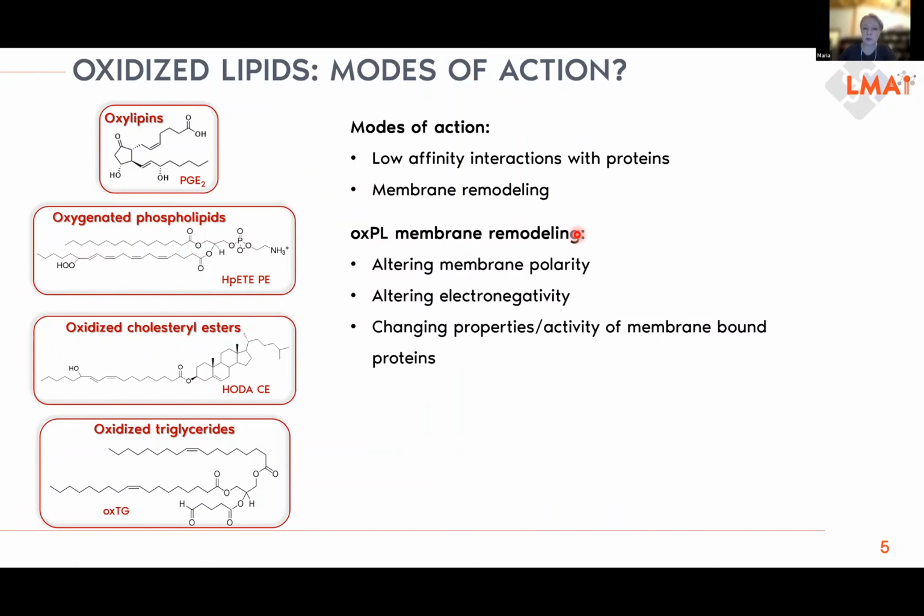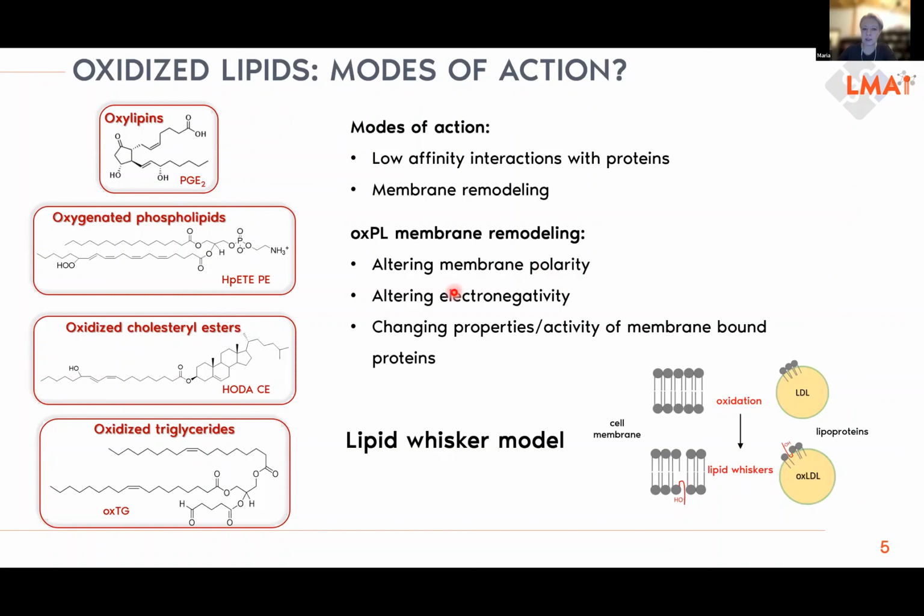So this remodeling can lead to changes in polarities and electronegativities, and of course, changing the properties and activities of membrane-bound proteins. What else we know about the modes of action for those oxidized lipids is that, due to the changes in the membrane structure and their higher polarity, they can get out of the membrane bilayer, and this is usually called the lipid whisker model.